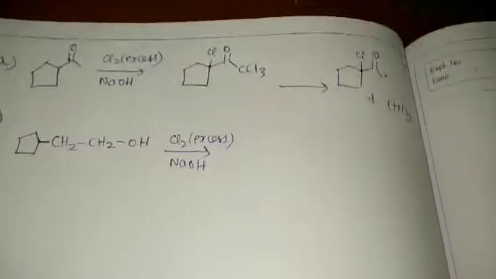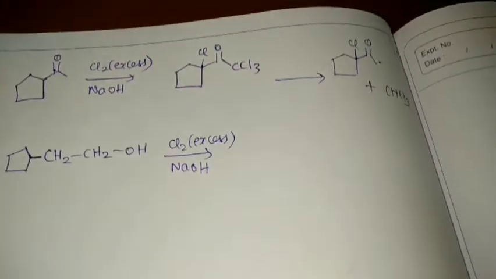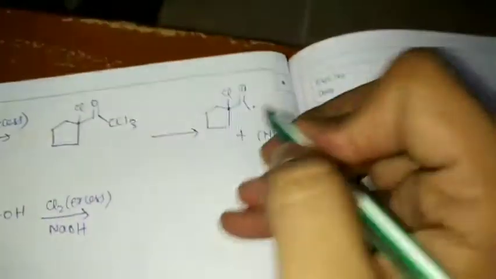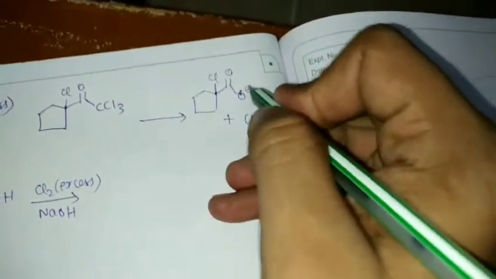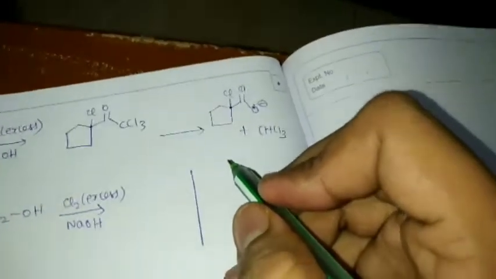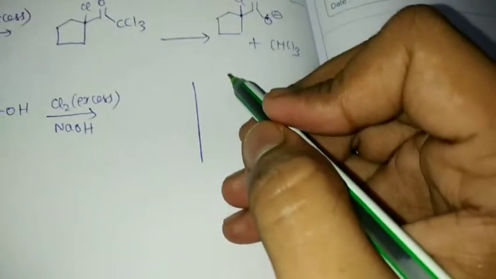They have not mentioned any specifications, right? So no problem. It will be O minus, right? This process, what happens? If you want, I'll explain. You can watch the video. I think in lecture 2 or 3 I've talked about the haloform reaction.